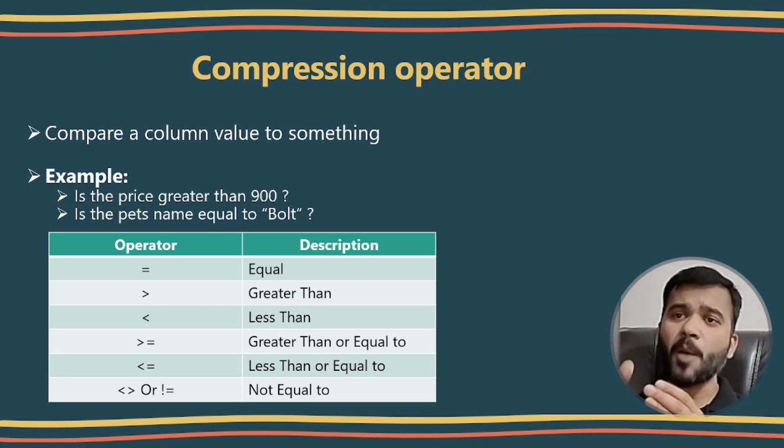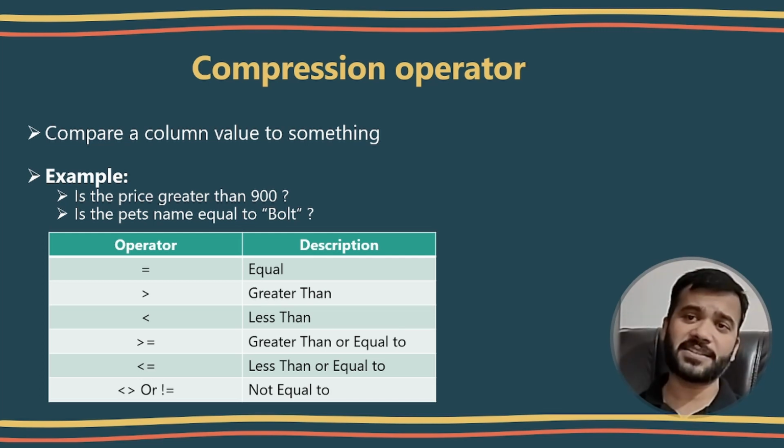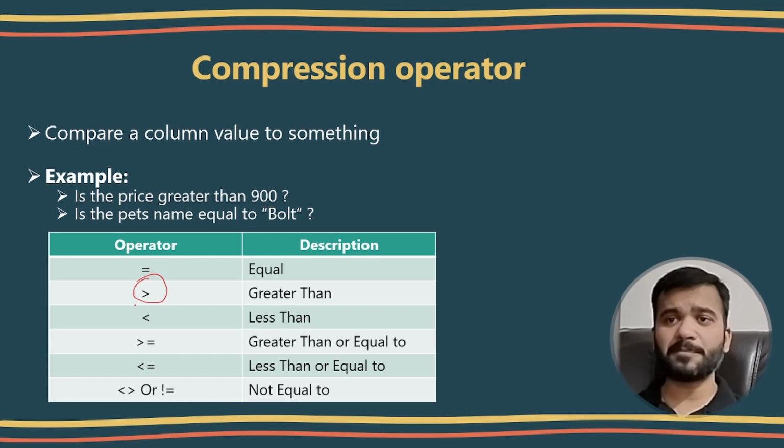Now these are the operators which we are going to use along with the where conditions. First is equals to. This symbol is used for greater than. This one is less than, this one is greater than or equals to, this one is less than or equals to, and this one we use for the not operator.